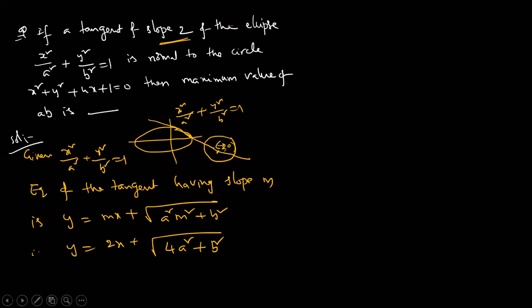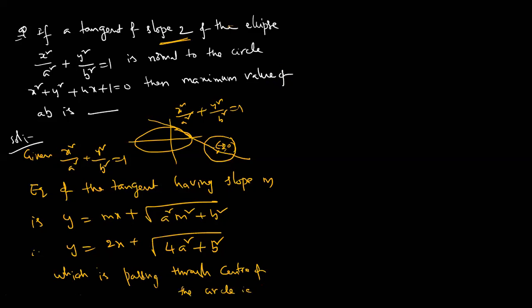Check it, one second. That's it. Good, near to the answer. So, which is passing through the center of the circle, that is minus 2 comma 0. So 0 is equal to minus 4 plus root over 4a square plus b square.